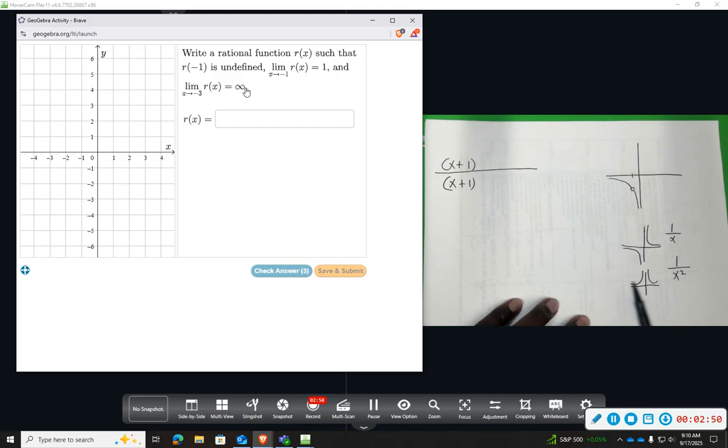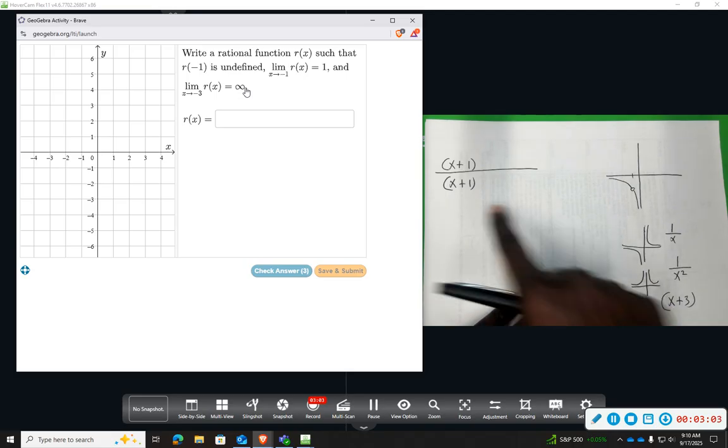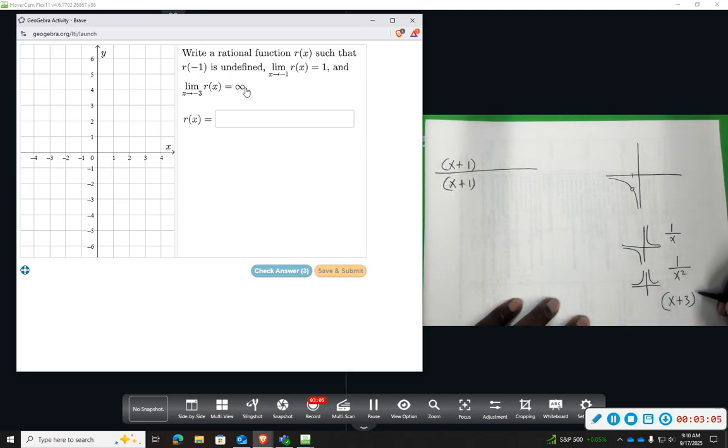So I just need to shift this graph over 3. Using the property of transformation, if we do x plus 3, and again, that's because when you plug in -3, that's when it happens, and we take this function squared, this will give us the function that will shift this over and give us an asymptote, a limit of infinity as we go to -3.